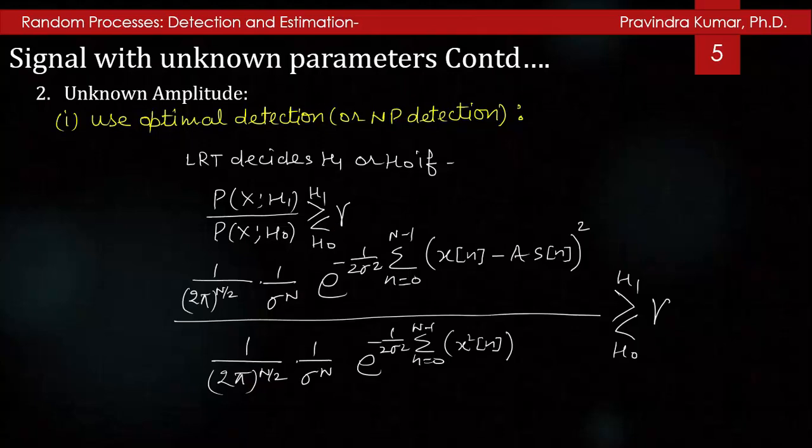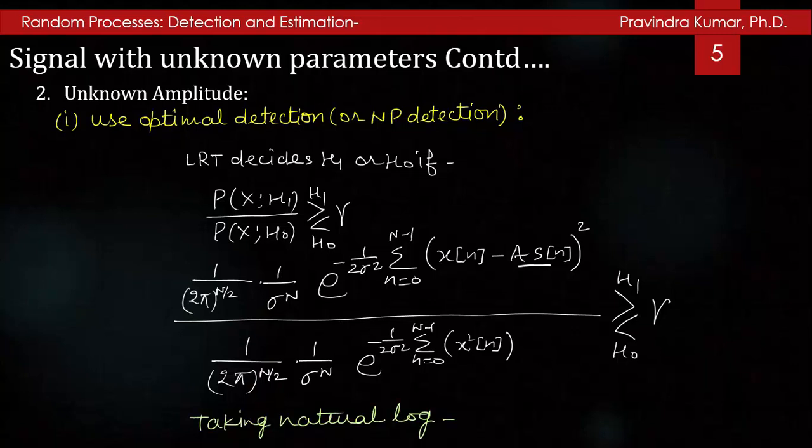The PDF under hypothesis H1 is 1 by (2 pi)^(N/2) into 1 by sigma^N e to the power minus 1 by 2 sigma square summation n=0 to N minus 1 of (x[n] minus A s[n]) whole square, divided by the PDF under hypothesis H0, which is 1 by (2 pi)^(N/2) into 1 by sigma^N e to the power minus 1 by 2 sigma square summation n=0 to N minus 1 of x square[n], greater than or less than the threshold value gamma.